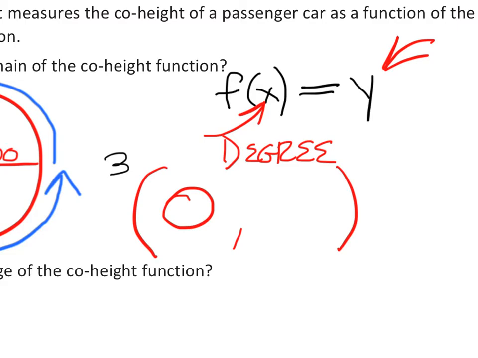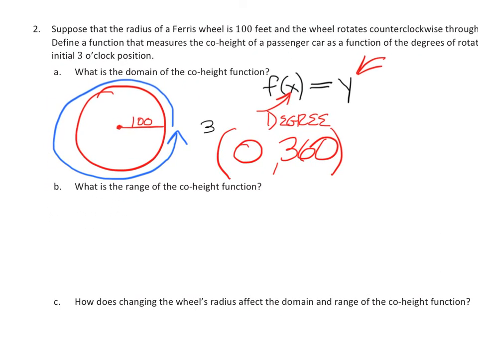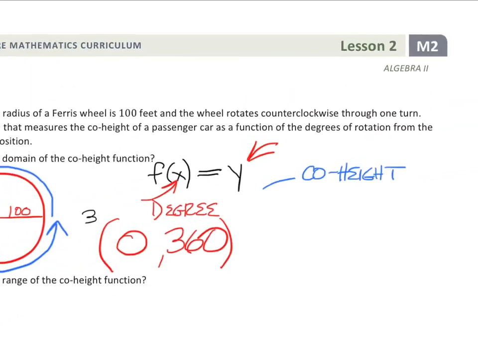Well, if we go through one turn, how many degrees is it? 360, yes. There is your domain. Whatever degree value you enter, you're going to come back with a coheight in this case. So we put in a degree, and what it's going to spit out is a coheight, the measure of the car back to the y-axis.